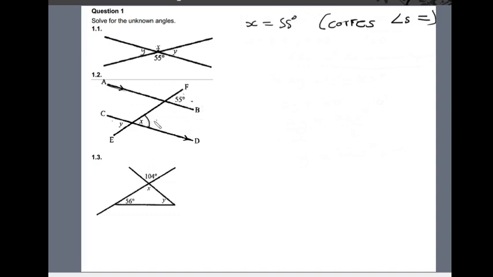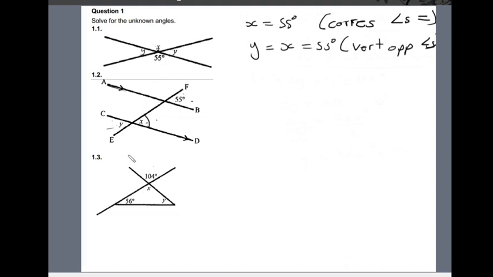So x is 55, and then we see ukuthi x and y are vertically opposite. So because y is equal to x, which is equal to 55, right? This is vertically opposite angles. So vertically opposite angles are equal.